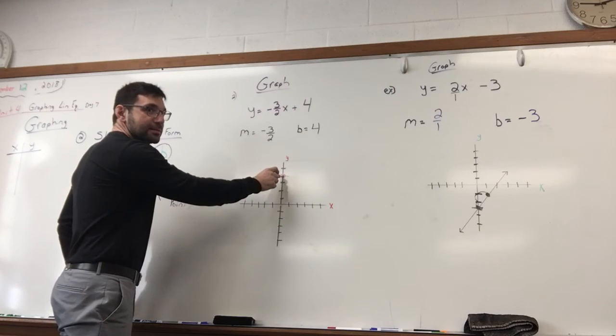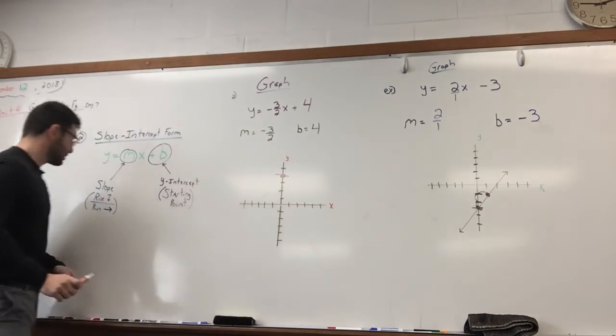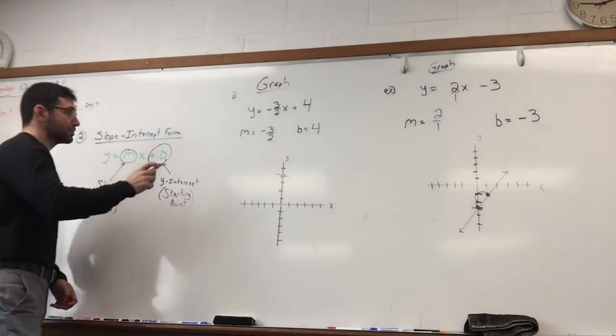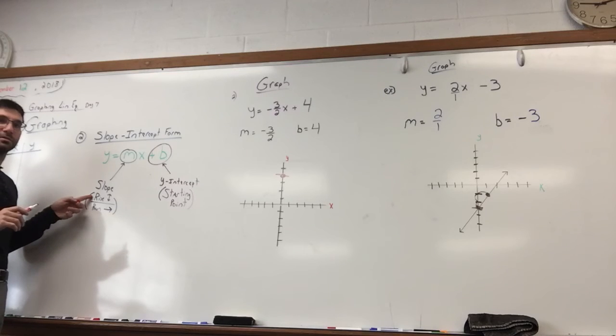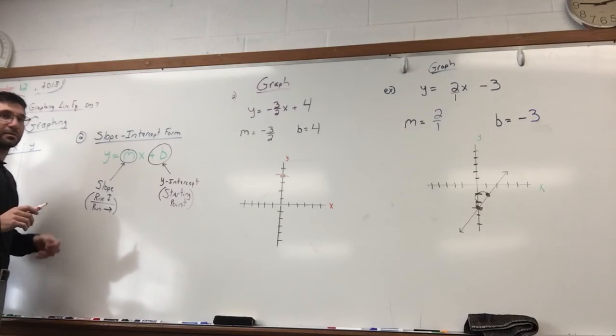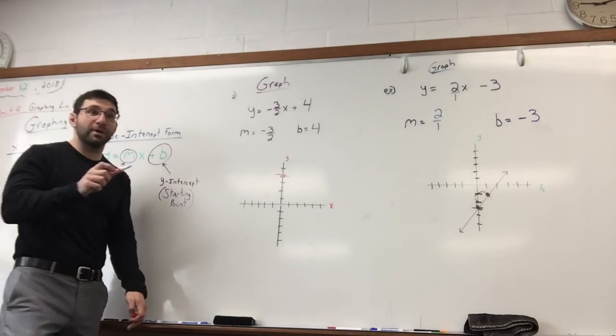What's my rise? Which number is the rise? Just the rise number, not the whole thing. What's the numerator in that fraction? What number is on the top? 3. Okay, so that's just my rise.